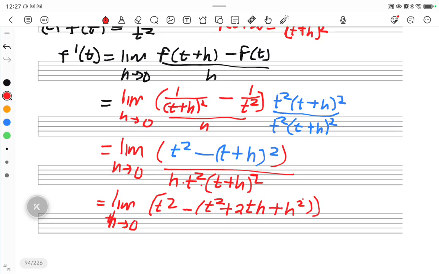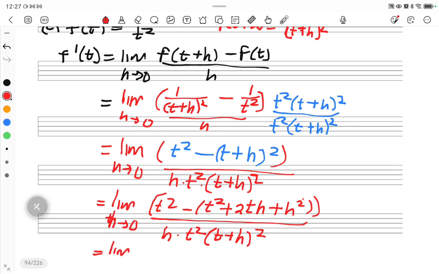You see, right? Then this will be all over h times t squared times t plus h squared. I said that the denominator, you're not supposed to simplify it. You're supposed to leave the denominator as it is.